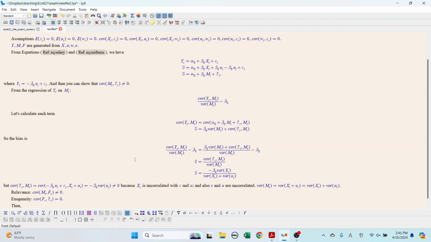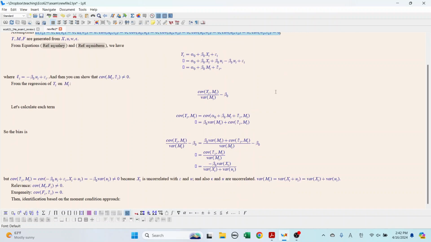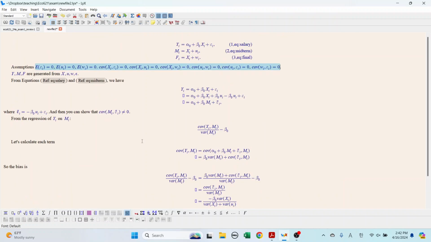Then, for the moment condition approach or the fitted value approach, you may use either. Let's think about identification based on the moment condition approach. If you want, you may use all these conditions at the same time. That is possible, but you don't need all of them.